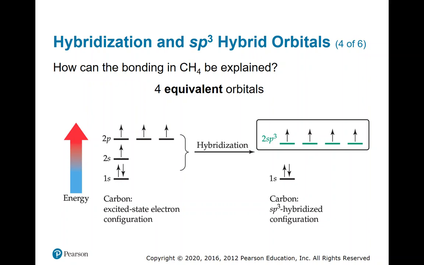And so the carbon atom in methane is said to be hybridized, and specifically to have sp3 hybridization. And again, the sp3 tells you that 1s and 3p orbitals came together to form these hybrid orbitals.